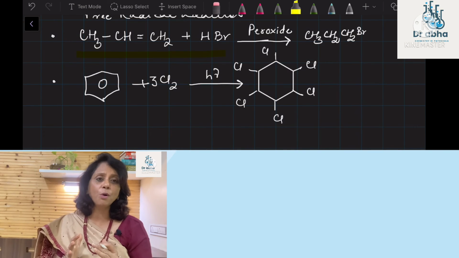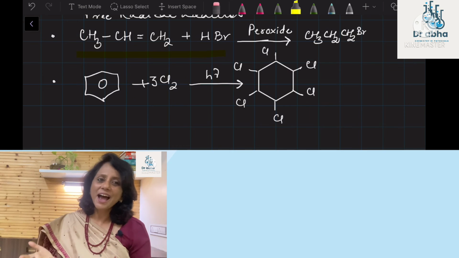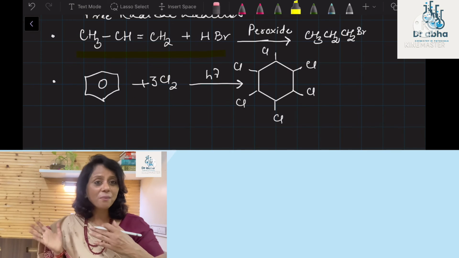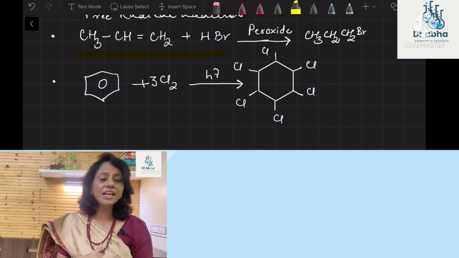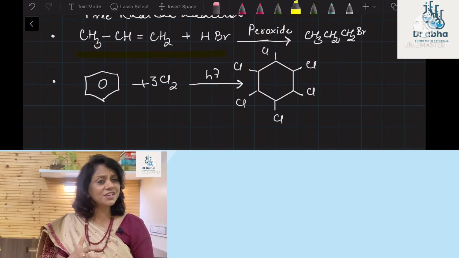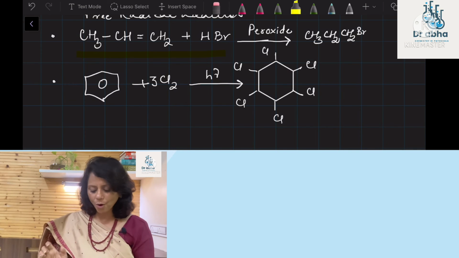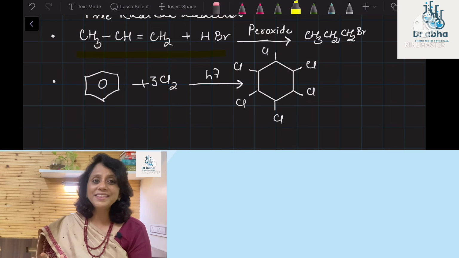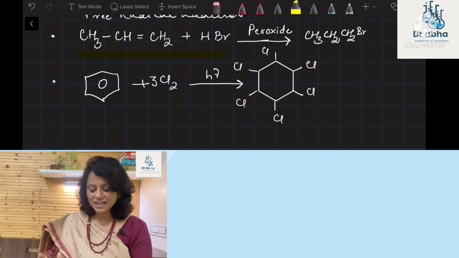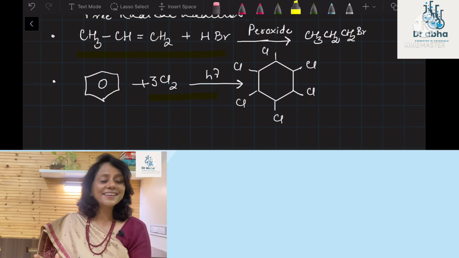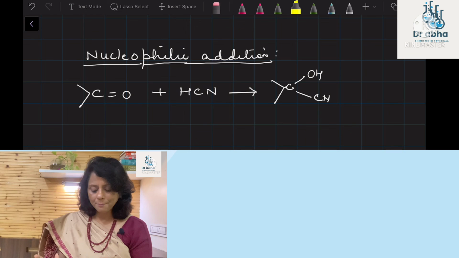And breaking of the double bonds means loss of the aromaticity, from stability to instability, which benzene will like to resist. So we make it undergo addition reaction under very strong conditions like sunlight, high temperature, pressure, right? So this is an example of free radical addition which is undergone by benzene rings.